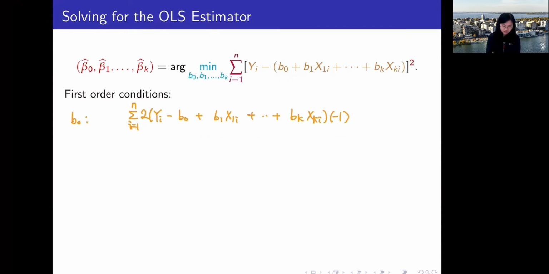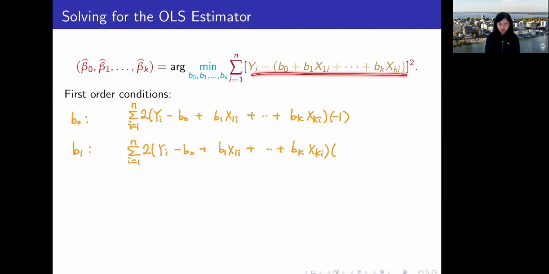And now let's take the derivative with respect to the other b's as well. So we can do b1 next. For b1, the derivative is similar: it's the sum of 2 times what's inside the square function, times the coefficient on b1 for this function inside the square bracket.